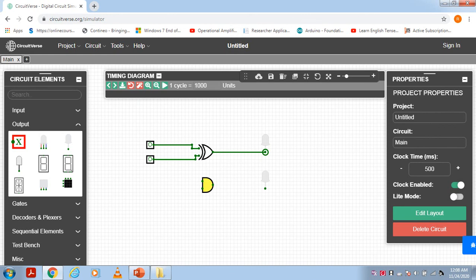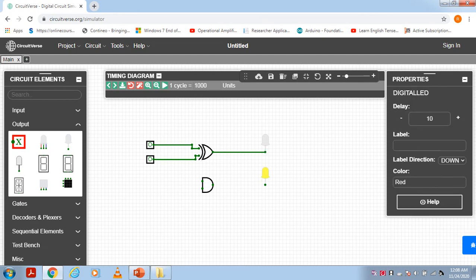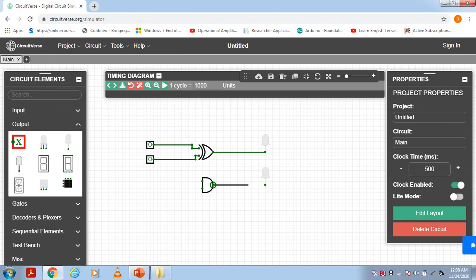For the AND gate, 2 input, 1 output. So this output is connected again to the LED. The AND gate input is connected like this.